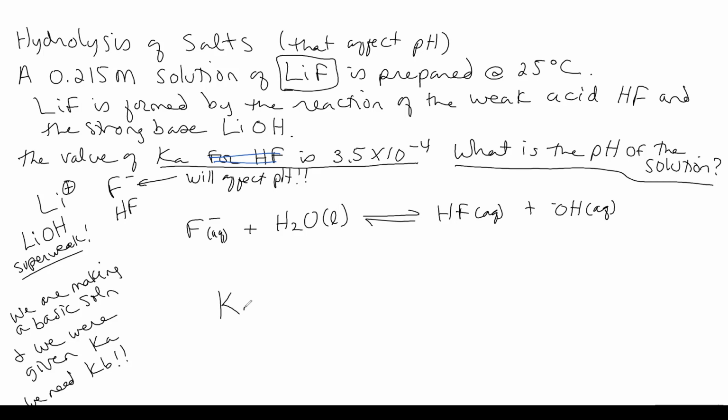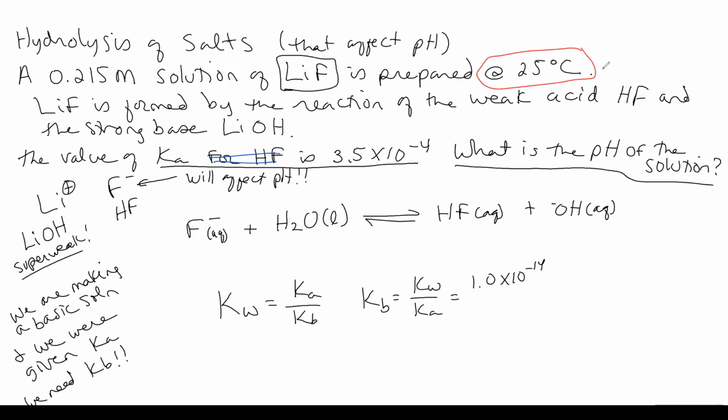Let's calculate Kb. We take Kw is equal to Ka times Kb, and when we solve for Kb, we have Kw divided by Ka. Going to plug in the constant: it's 1.0 times 10 to the negative 14 at 25 degrees C. So now you know why they gave us that.